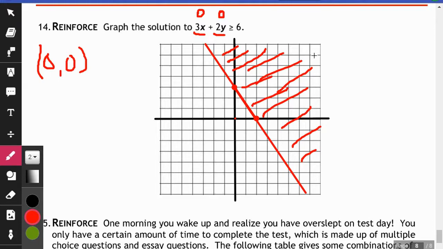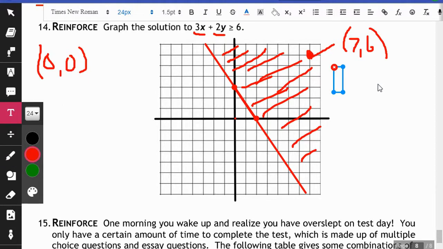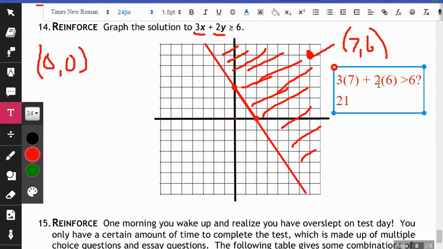So any point over here, let's try this one right here. This is the point 7, 6. We're going to check 7, 6 just to remind you how it works. 3 times 7 plus 2 times 6. The question is, is that greater than 6? Well, 3 times 7 is 21, plus 2 times 6 is 12.